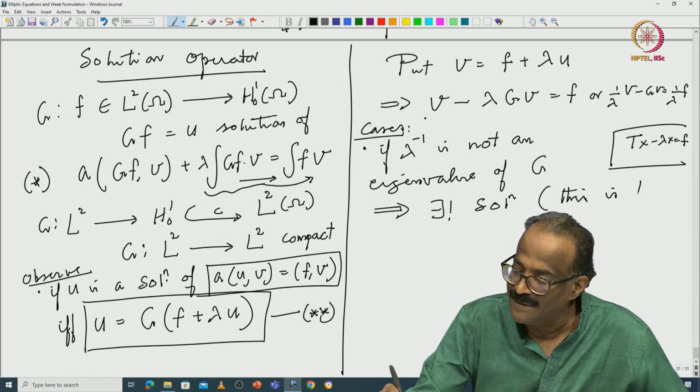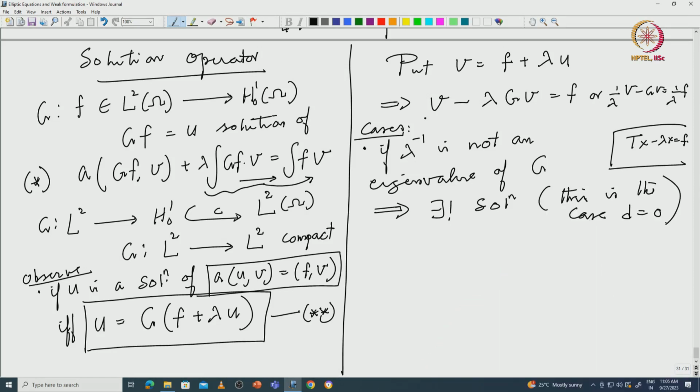That means you have a solution for everything. Okay. If lambda inverse is an eigenvalue, then the result follows by the Fredholm alternative.